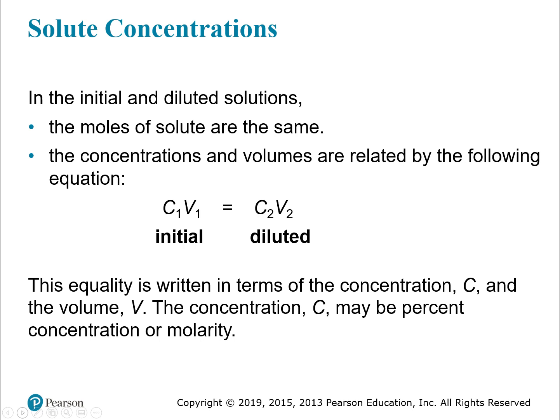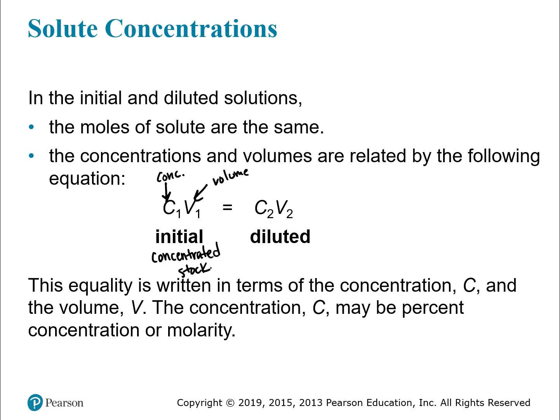We can use an equation, C1V1 equals C2V2, where C is the concentration and V is the volume. The initial conditions, that's going to be the concentrated stuff. It's like our concentrated stock.